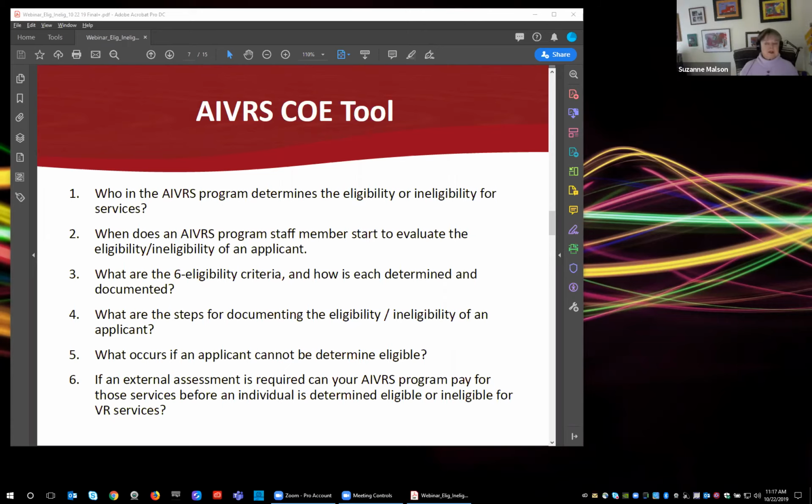And herein lies sometimes a challenge, because if a potential consumer is not satisfied with an answer and goes above and doesn't go through due process, it goes from VR counselor to director, may go directly to the tribal offices and might go to council, and you might be told by your council that this person has to be made eligible for the program.